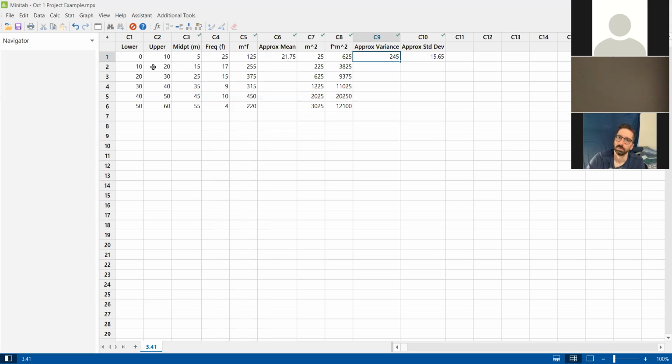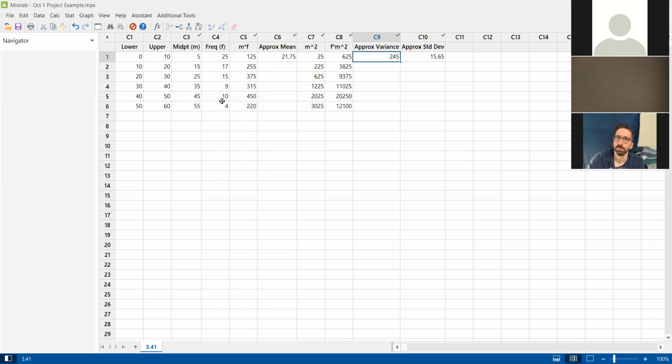Now you notice that the width of each of these intervals is 10, and the midpoints are 10 apart. That's the way it should work. Here are your frequencies. If you remember, to find the mean in general, if we had the original individual values, we simply add them all up and divide by the number of them.